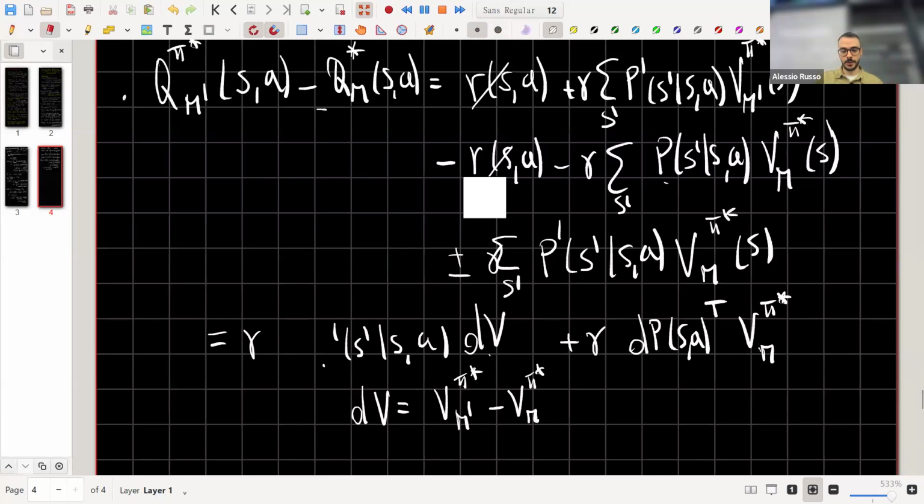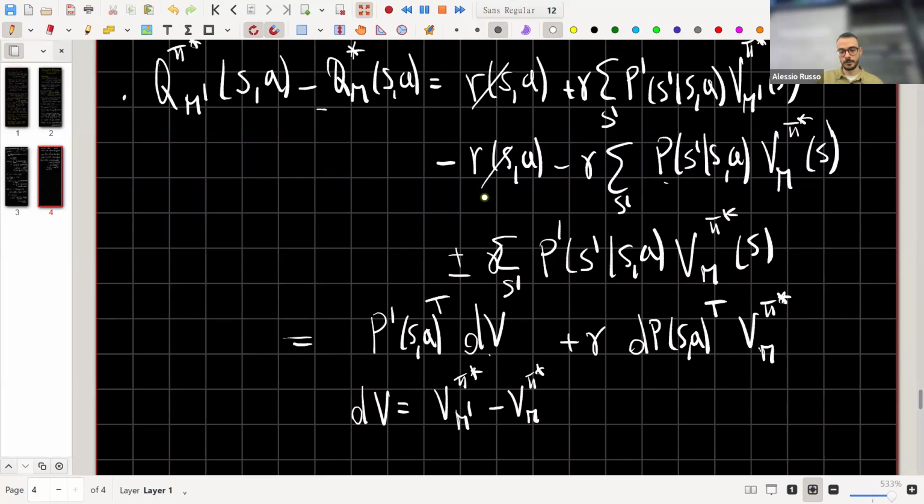And since I'm using vector notation here, I can just write the inner product between P prime S A transpose times this vector dV. So P prime S A is a vector for me. Basically each value in this vector is P prime of S prime given S, A. And the sum can be written as this inner product.